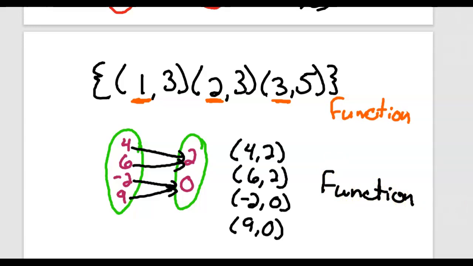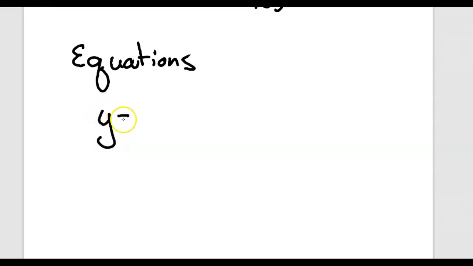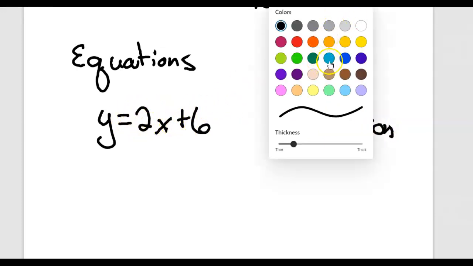So when we're looking at this for graphs or ordered pairs, it's fairly straightforward. When we start looking at equations, we have a little bit more difficulty. But I'm going to tell you something that's going to make it a little bit easier for you. Something that looks like y = 2x + 6 is a function, because that's going to be a straight line.